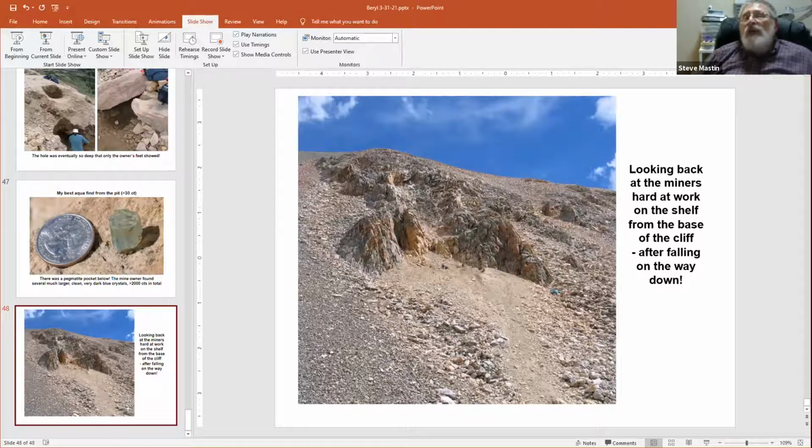The economics of gemstone trade, from the guys who dig to the guys who cut to the guys who sell, that gem changes hands many, many times along the way because each person has a different job.